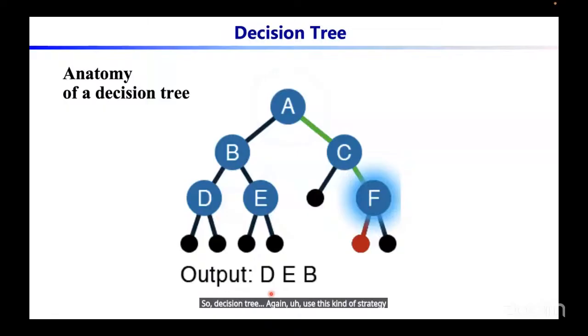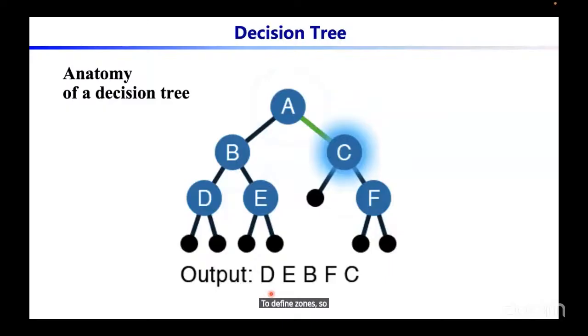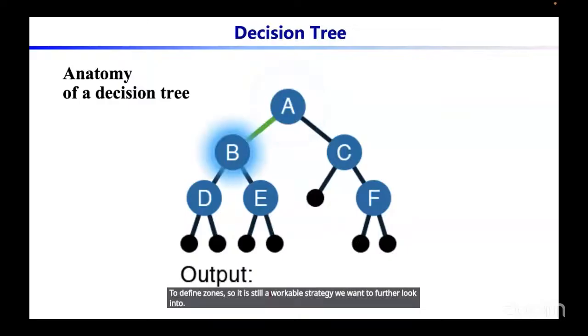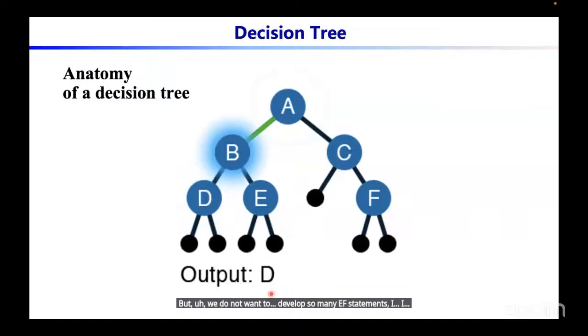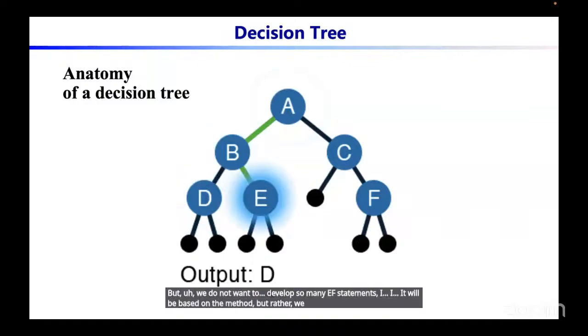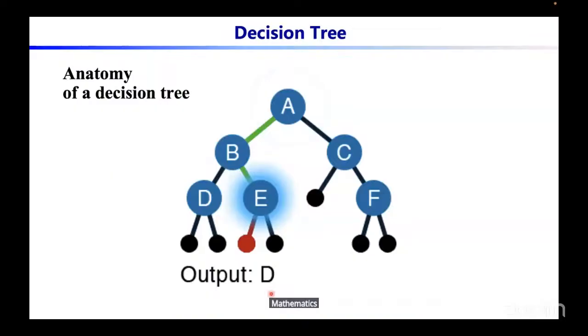We use a rule-based method to define zones. So it is still a workable strategy we want to further look into, but we do not want to develop so many if statements as a rule-based method. Rather, we still rely on mathematics. Okay, so we start with this decision tree architecture.